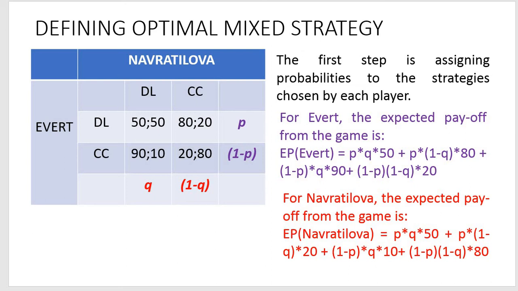You have it here. Evert can get 90 with probability of Q times 1 minus P. Here you have it.